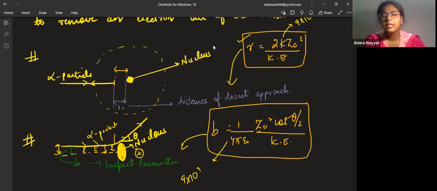So at a certain distance, before even reaching the nucleus, suppose this is the nucleus and this is the alpha particle. Before even colliding with it, at a certain distance, suppose this much distance, the alpha particle turns away.